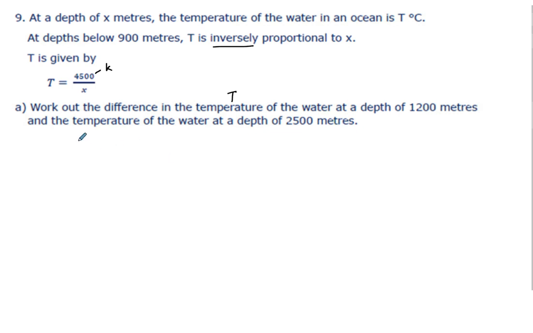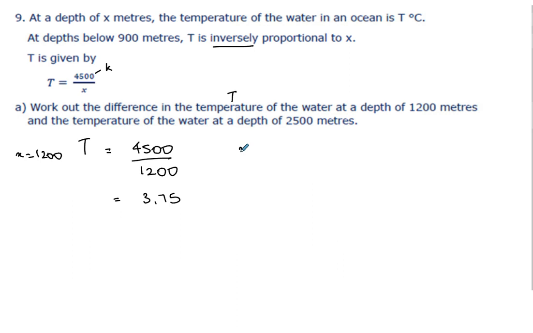Oh, so this one's quite easy. So we say, when x is 1200, T equals 4500 divided by 1200, which will be 3.75.